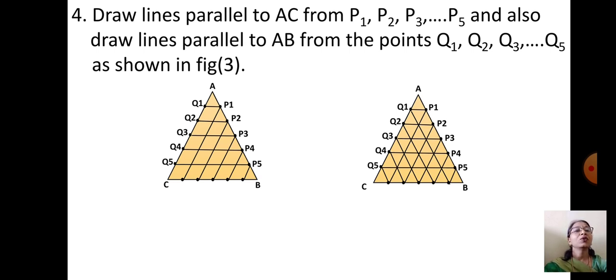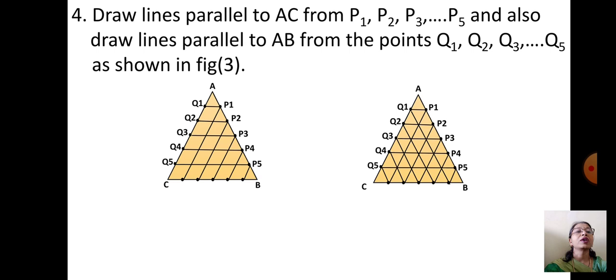Similarly, the same things you have to repeat on the fourth one. Again you mark all the points P1, P2, P3, P4, P5, join them horizontally. Now this time you draw lines parallel to AB.